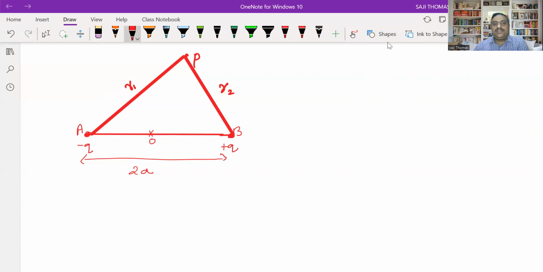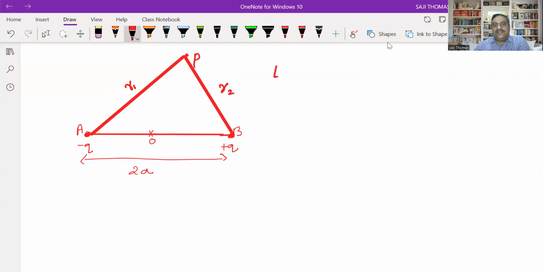So I am going to find out the potential at P. Obviously, there will be two potentials. At the point P, potential due to minus Q and potential due to plus Q are both present, so we have to add them.